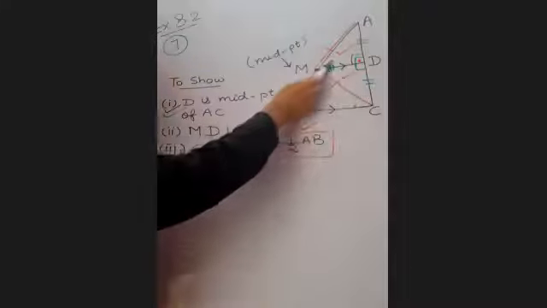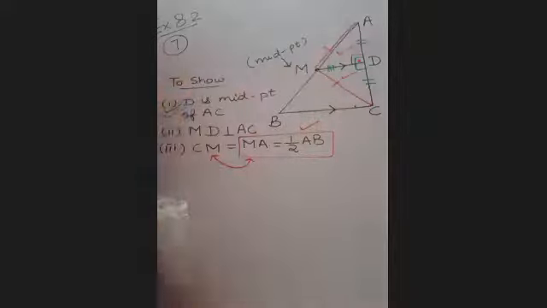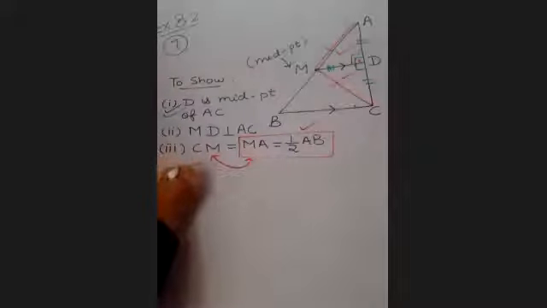So, by side angle side, these two triangles are congruent. And when triangles are congruent, what is the conclusion? MA equals MC, CM by CPCT. Got it? Yes, ma'am. So I'm just writing the proof now.